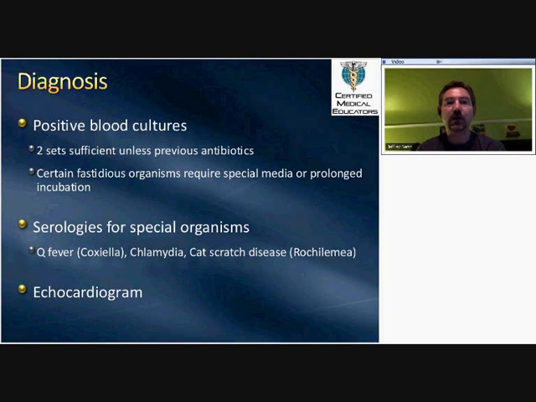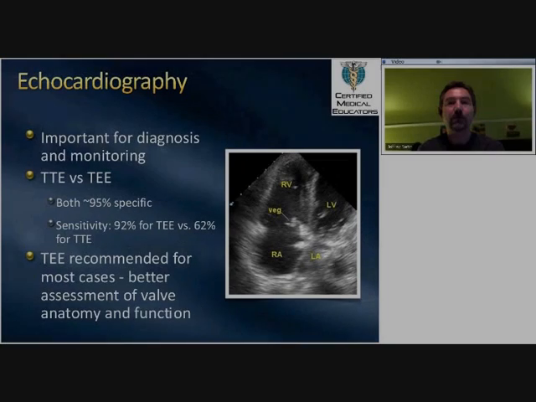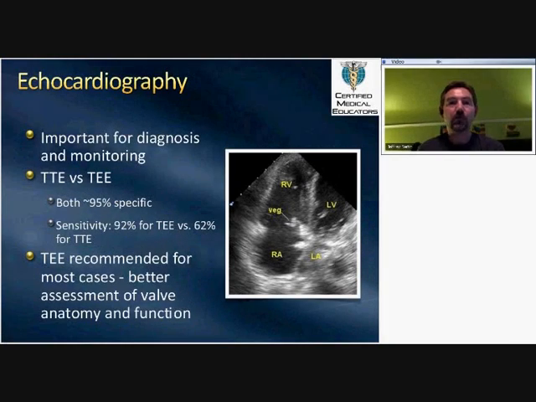Special organisms can't be cultured out, and so we have to do serology. So these are things like Q fever, chlamydia, cat scratch disease, etc., and an echocardiogram. We already talked about the echocardiogram, sensitivity and specificity. This is the vegetation on the echo.